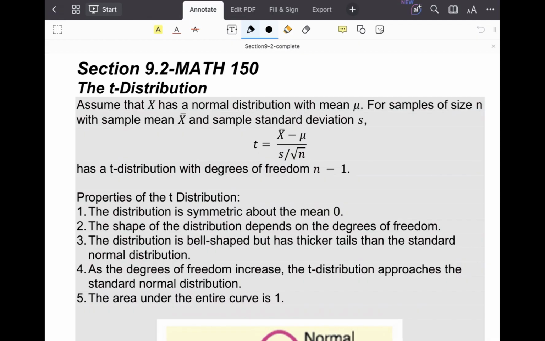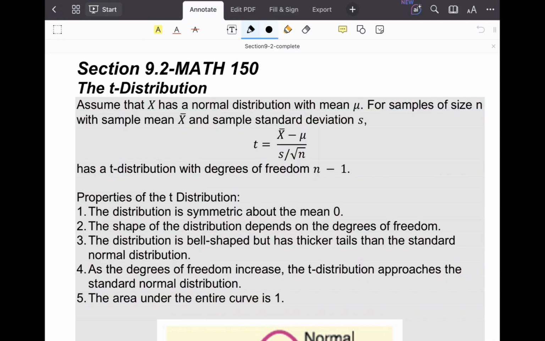It was around the early 1900s. Gossett was his last name, and he actually worked for Guinness Brewing, but he developed this distribution and the statistical tests that go along with this distribution.